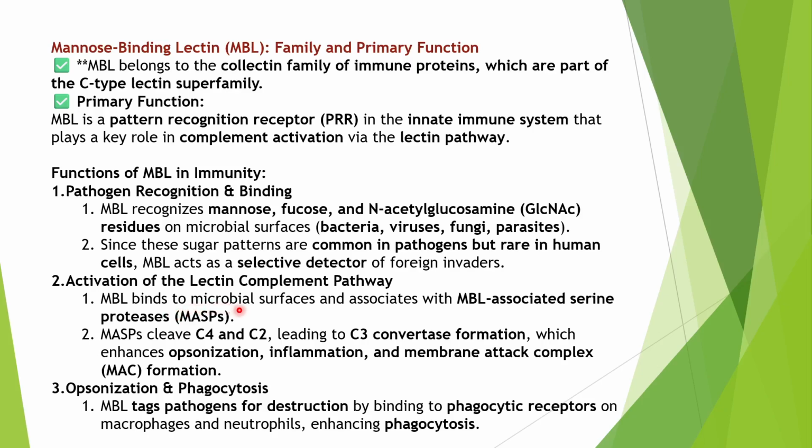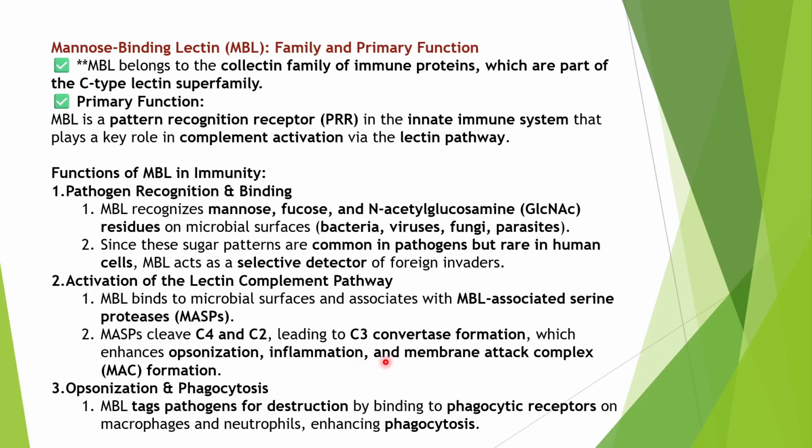So MBL binds to the microbial surfaces and associates with the MBL associated serine proteases, your MASPs. So these MBL associated serine proteases cleave C4 and C2, leading to the formation of C3 convertase in your complement system, which then enhances opsonization, inflammation, and membrane attack complex formation.